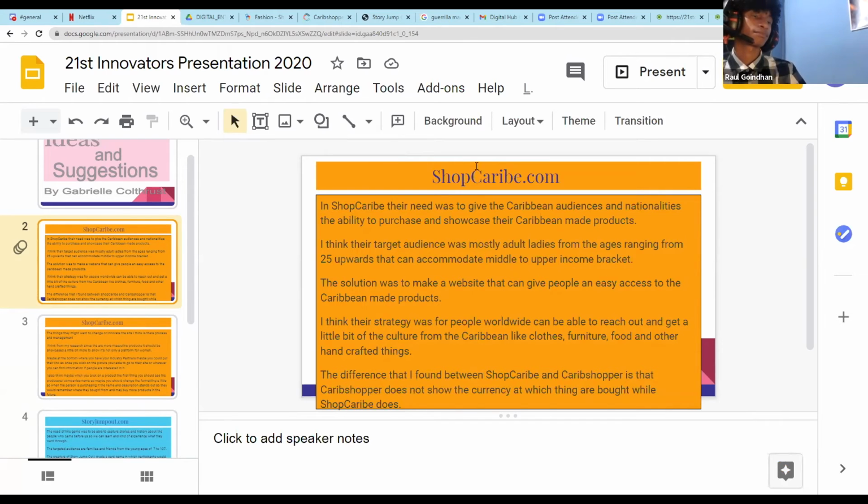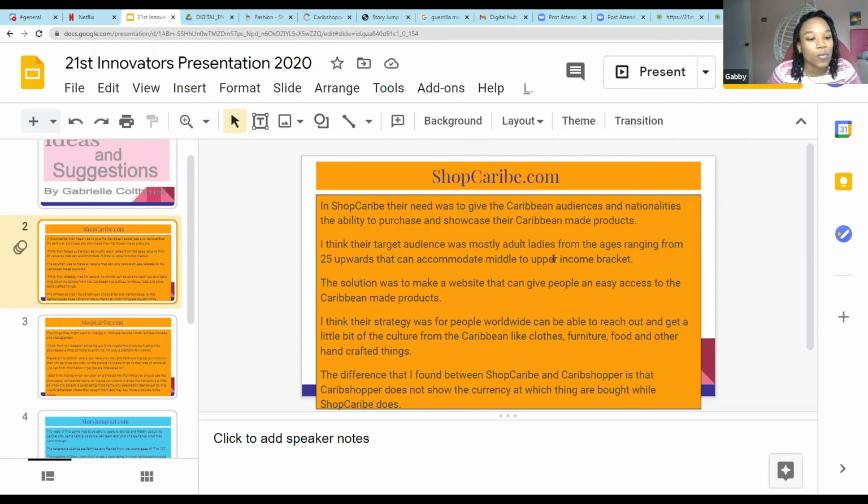As I said, I liked the need in the audience before I started with the ideas. So I said in Shop Group there's a need to give Caribbean audiences and nationalities the ability to purchase and showcase their Caribbean made products. I think the target audience was mostly adult ladies from the ages of 25 upwards that can accommodate middle to upper income brackets.